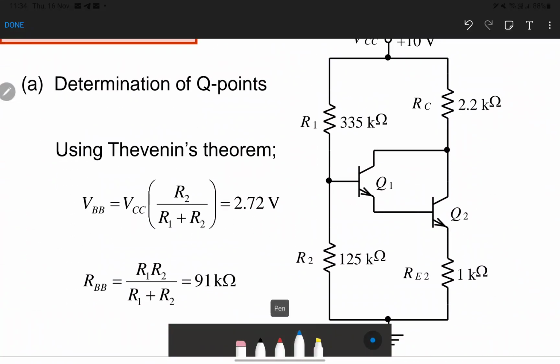To find VBB, the voltage entering the base, the voltage is located at R2.